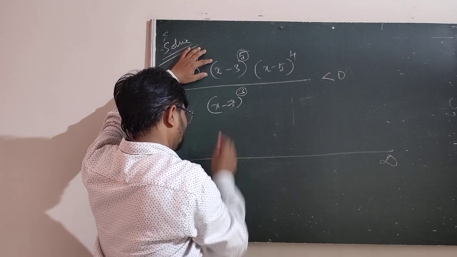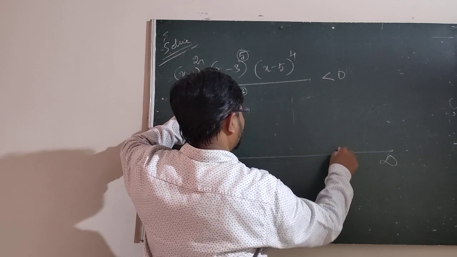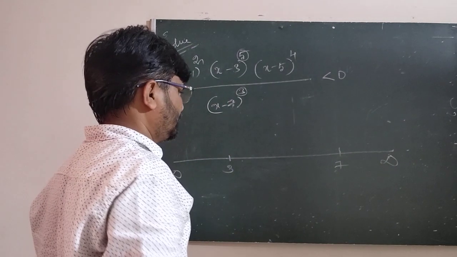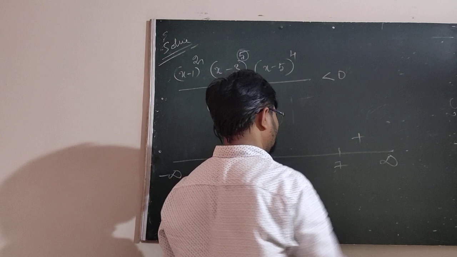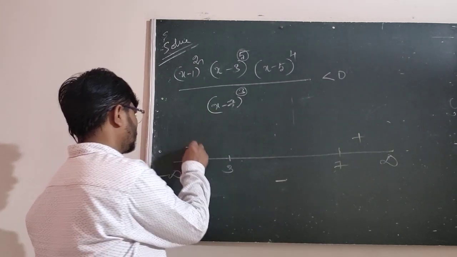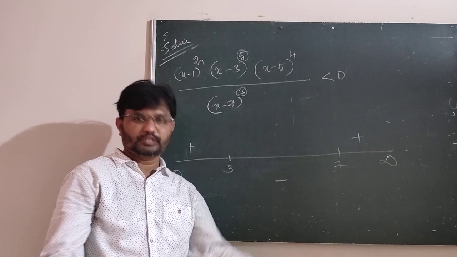Now this is 3, this is 5, this is 7. Now what you observe here, then you can write simply, this is the plus, this is the minus, this is the plus.